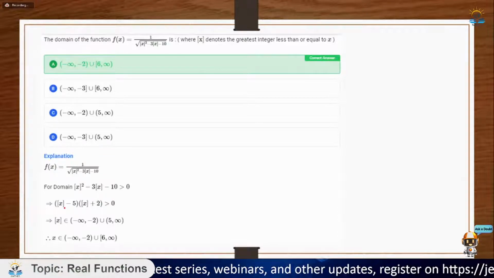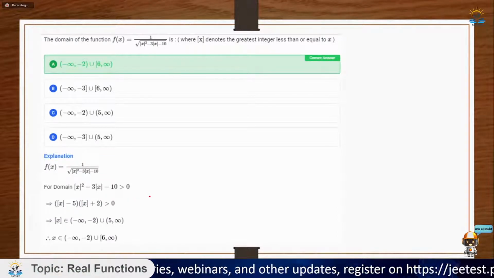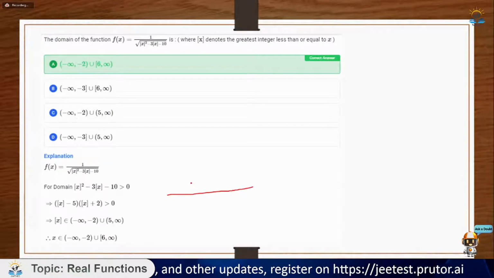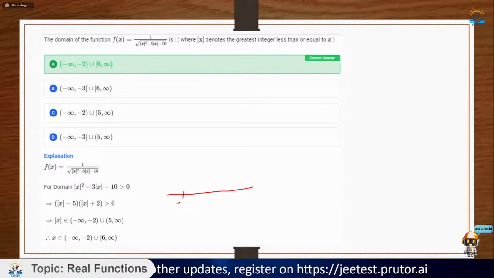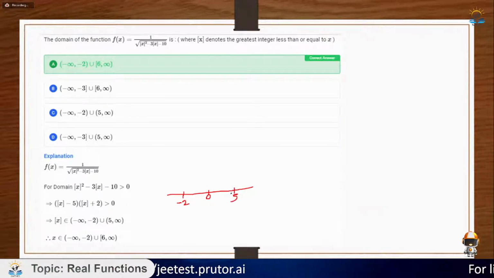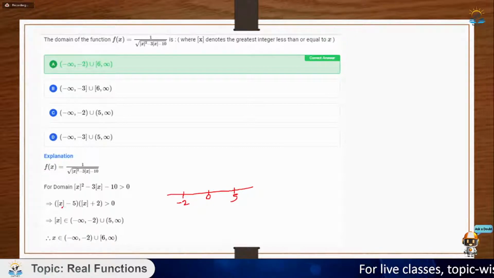And from here, what I can say is that if I make a number line, then I will take minus 2, then I will take 0, and then I will take 5. Okay. So what I'm saying is that my function is greater than 0. So in 0 to 5, let's say if I take 4. So if my GIF of x is equal to 4, then what am I getting? 4 minus 5 would be negative, and 4 plus 2 would be positive.